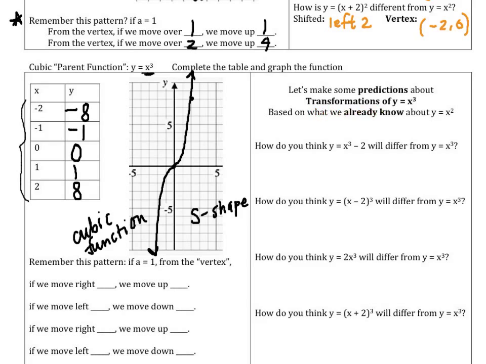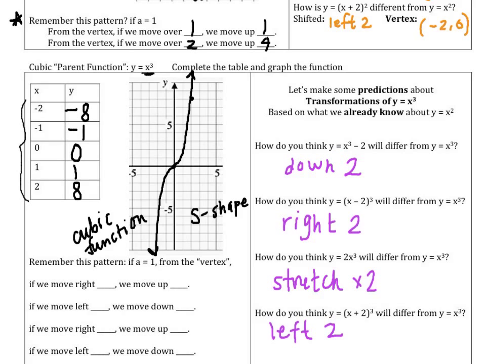So based on what you already know about y equals x squared, our quadratic function, what we've already talked about last unit, I'd like you to think about what happened when we made these sorts of changes to y equals x squared, and think about how you think that might affect y equals x cubed. I'll give you a hint. They'll probably be the same changes.